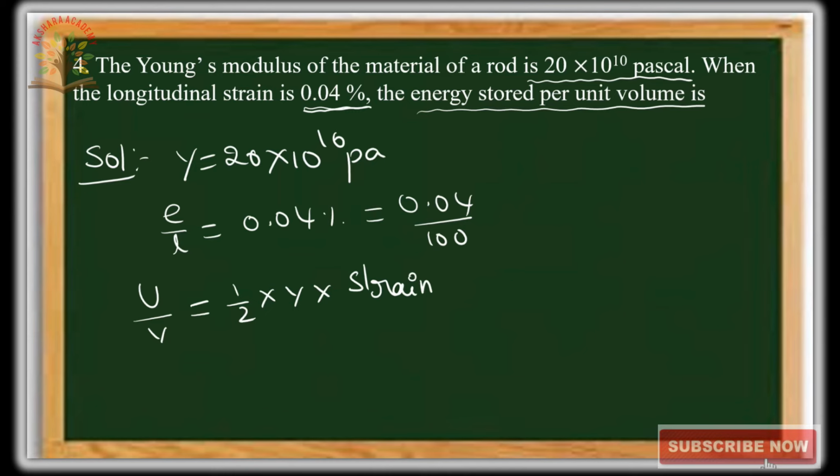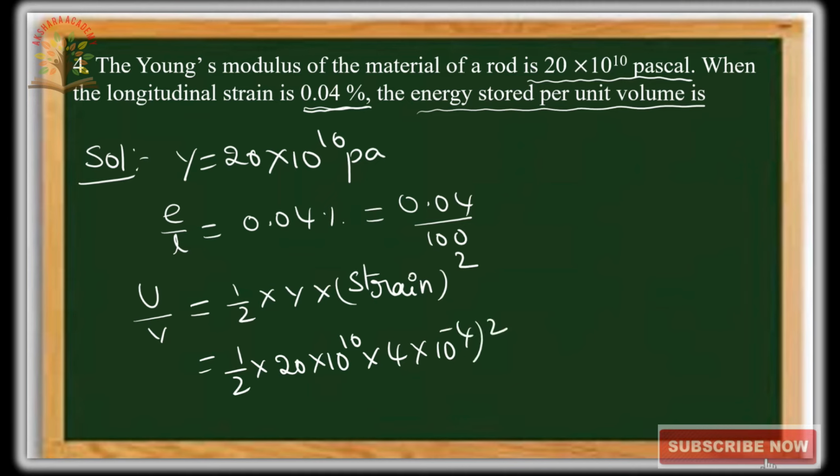So this is the formula for energy stored per unit volume. Substitute values: half into 20 into 10 to the power of 10 into 0.04 by 100, can be written as 4 into 10 to the power of minus 4, whole square.